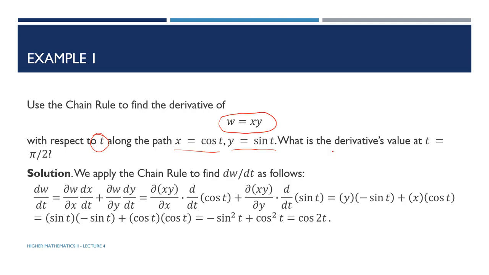Okay, we may apply the chain rule here to find out dw/dt as follows. dw/dt equals the partial derivative of w with respect to x times dx/dt plus the partial derivative of w with respect to y times dy/dt. Just now we saw we've created this from the previous slide.